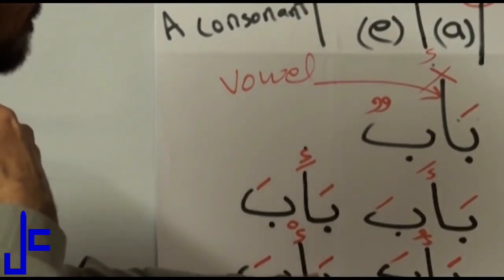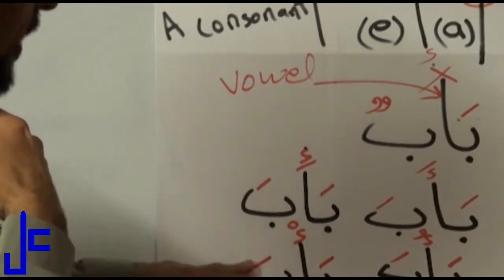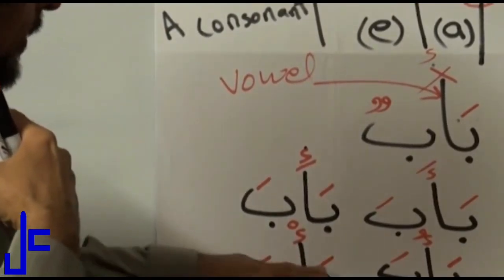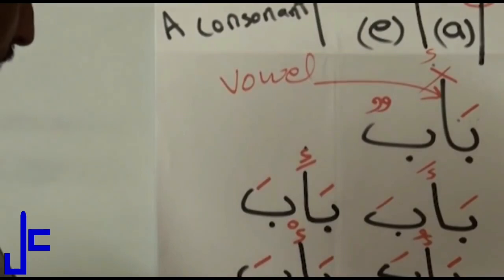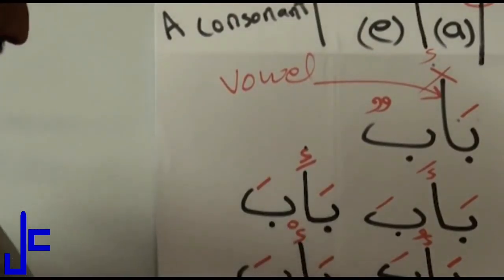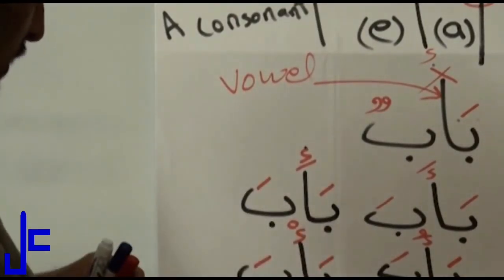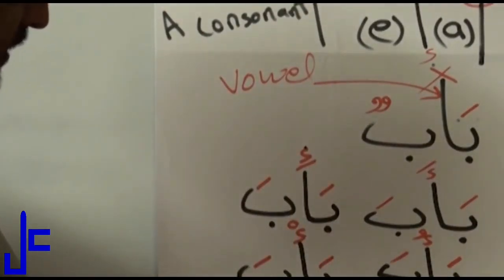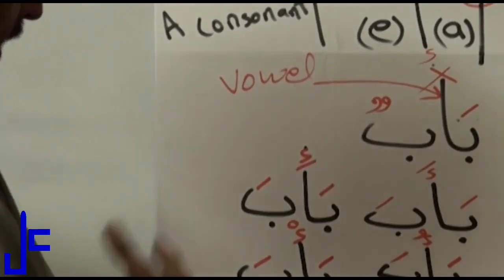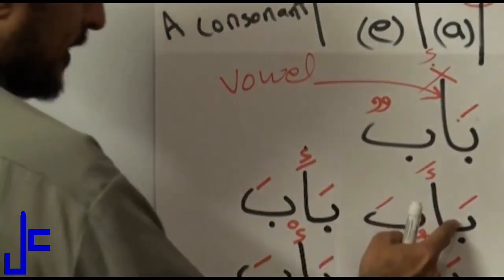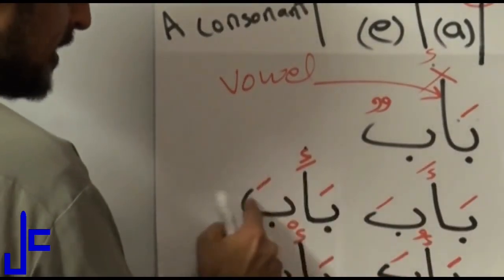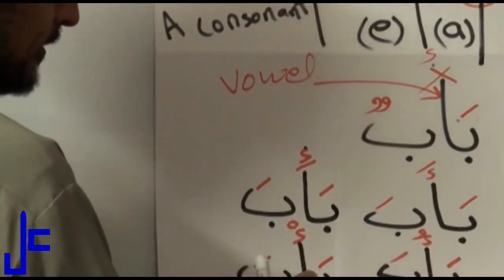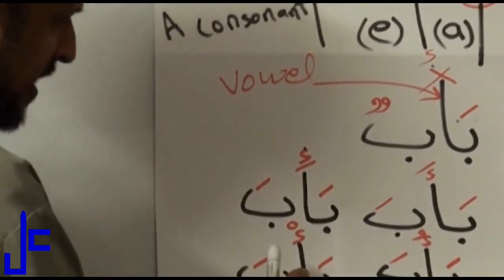Of course, there's no such thing as that, maybe in an ancient language, but I'm just trying to present different ways of checking how the alif sounds when it has hamza on it and becomes a consonant. So this was ba'aba, ba'iba, ba'uba.